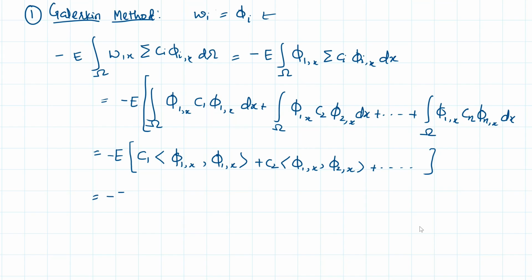I'm going to write this now in matrix form. To do that, let's write our row vector as the inner products: phi1(x) with phi1(x), the second term is phi1(x) with phi2(x), the inner product, and the last term is phi1(x) inner product with phi(n)(x).